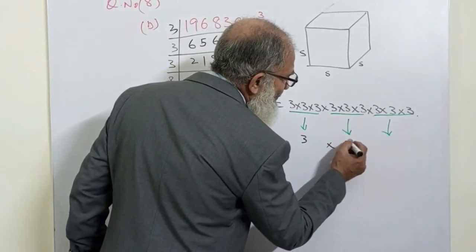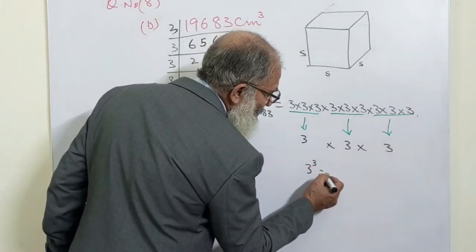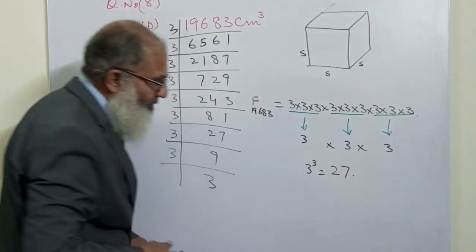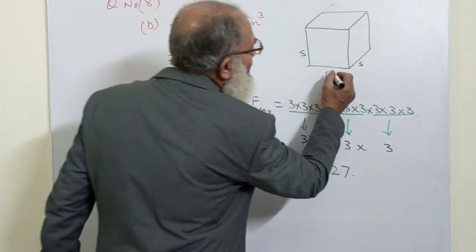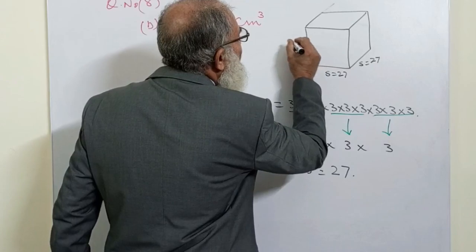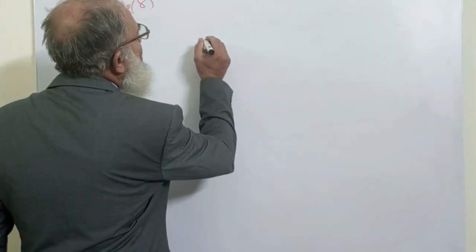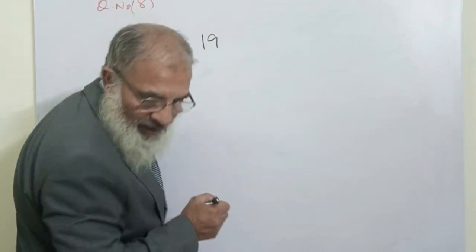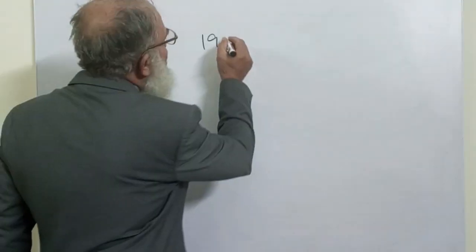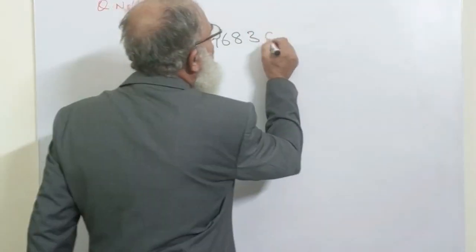3 multiplied by 3 multiplied by 3, and 3 cubed is equal to 27. So this side is 27, this is again 27, and this is again 27. And the answer for this question was 19683 centimeter cube.